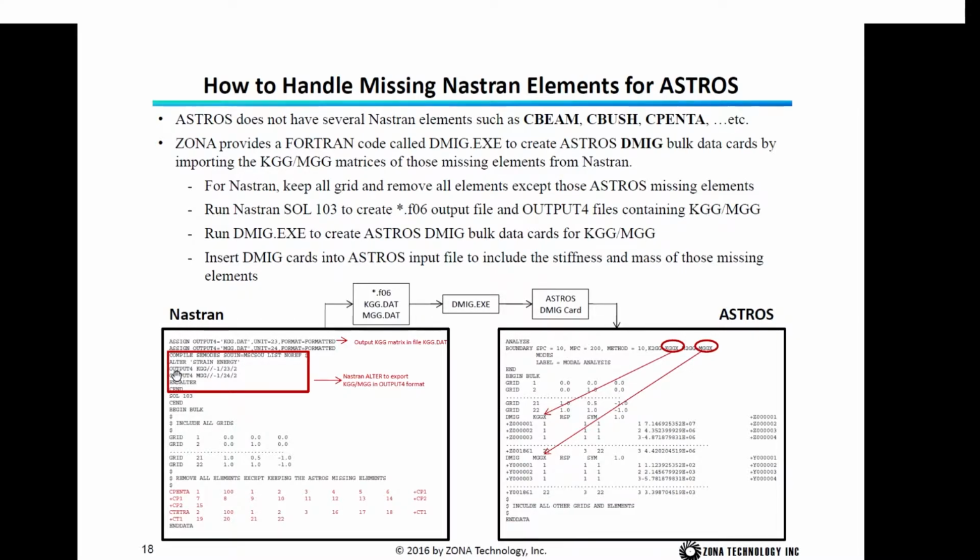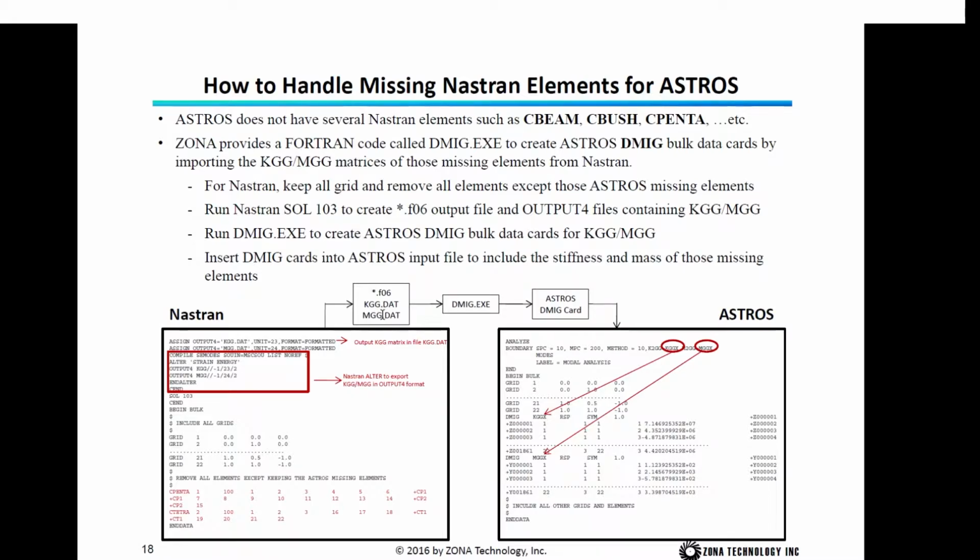Then you use this ALTER statement to output the KGG and MGG matrices in the OUTPUT4 format into files named kgg.dat and mgg.dat. Then you run, and you have a start.f06 as the output file of NASTRAN.